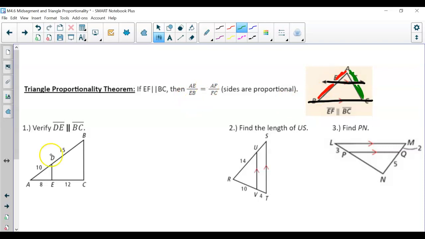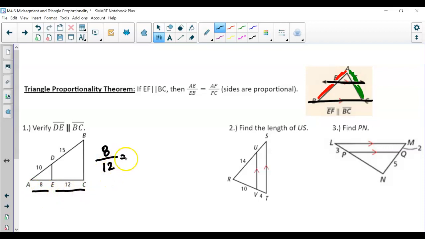Like for example, if I wanted to verify here that DE is parallel to BC, we create a proportion, right? So here I've got AE, which is 8, over EC, which is 12. This is its own proportion, right? The sides are proportional.